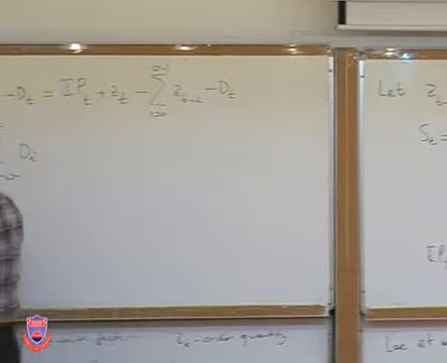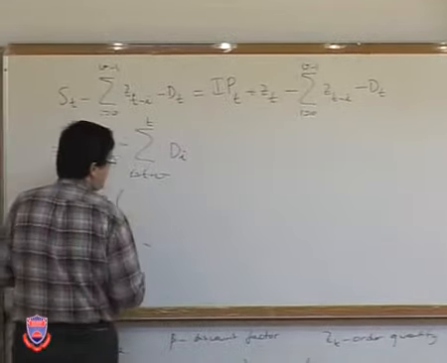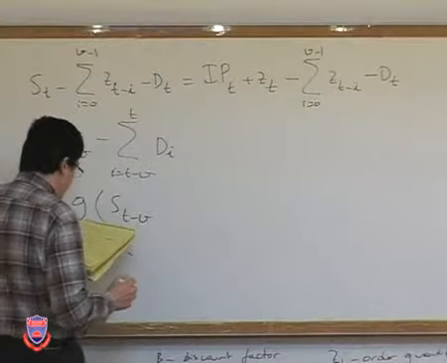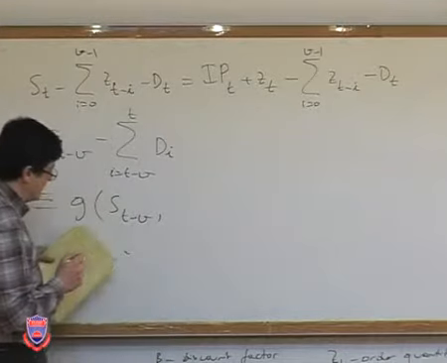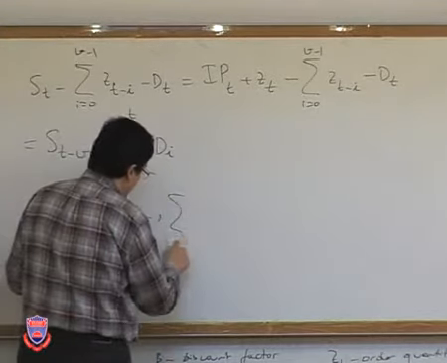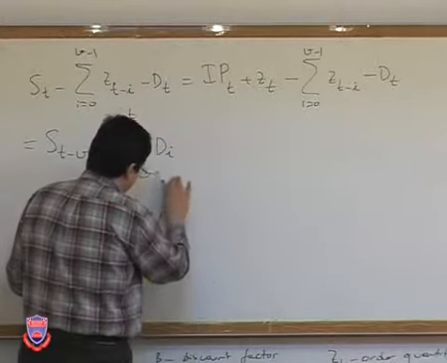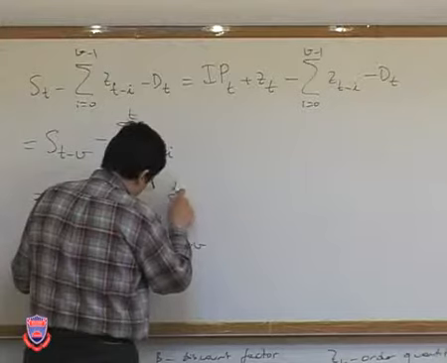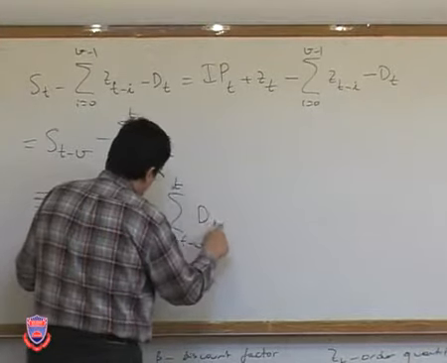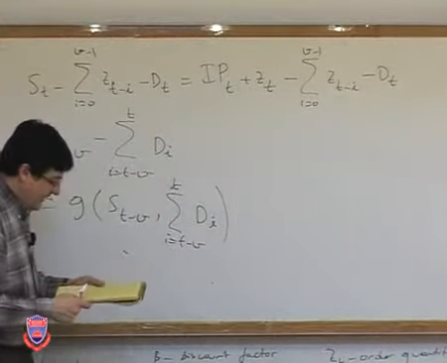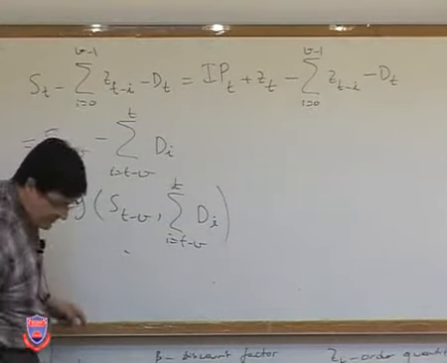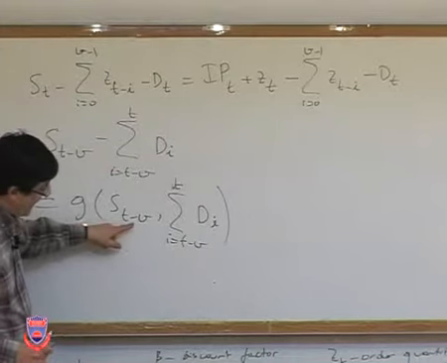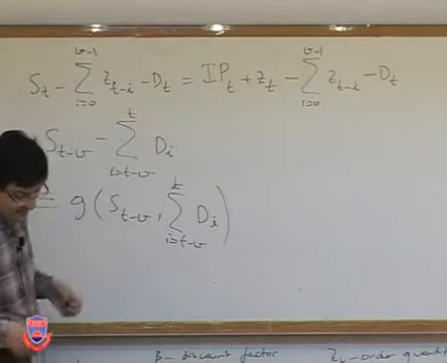So this means that everything is the cost that we are charging. I can rewrite this in terms of S sub t minus the summation of d_i, i from t minus nu to t. So we see that this is the G which is going to be paid lead time periods later.